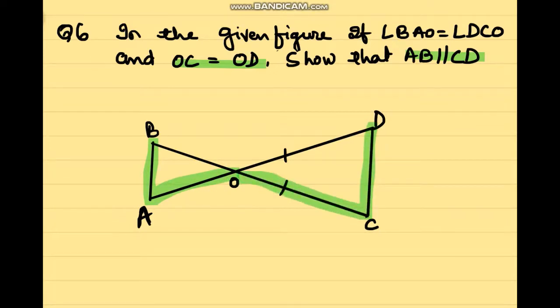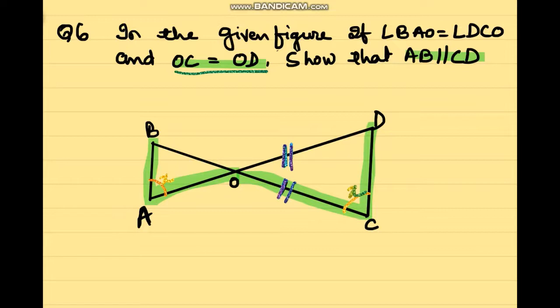That means angle A is equal to angle C. So let us say angle A is x, so angle C will also be equal to x. Next is OC equal to OD. Please pay attention. OC means this one and is equal to OD.